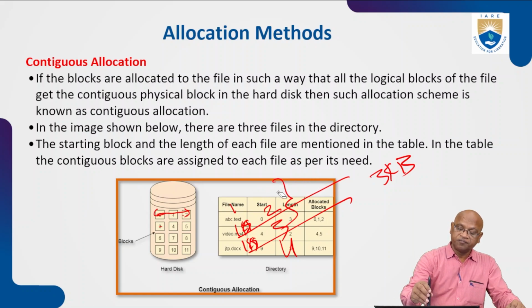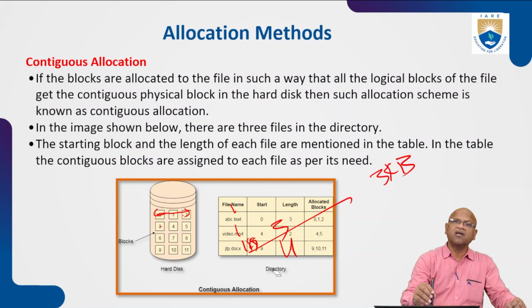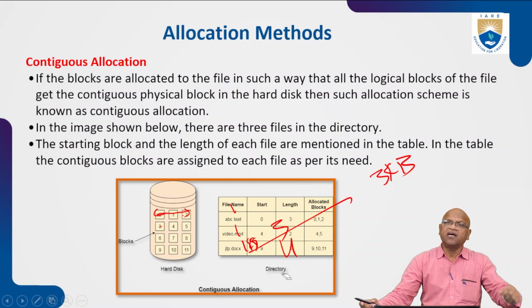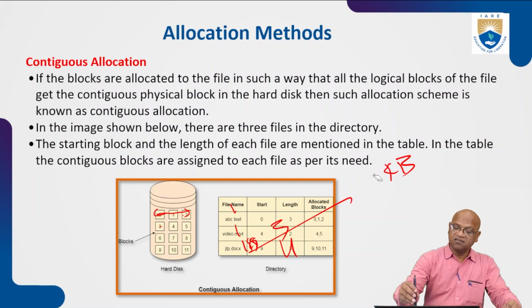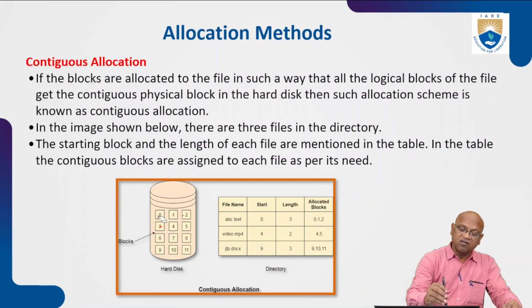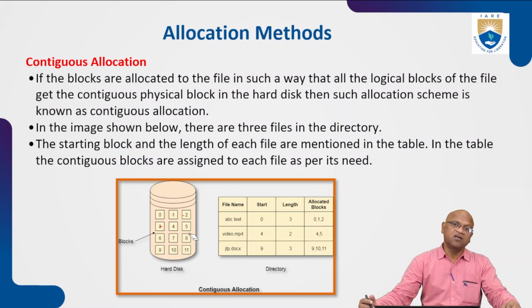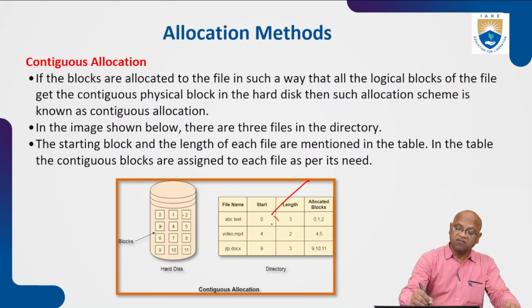Very simple. Continuous means the file is saved in these 3 blocks continuously. So if the blocks are allocated to the file in such a way that all the logical blocks of the file get continuous physical blocks in the hard disk, then such an allocation scheme is known as continuous allocation. If any file is there, we are allocating continuous space in the hard disk, not one block here, 1 KB here, 1 KB there.